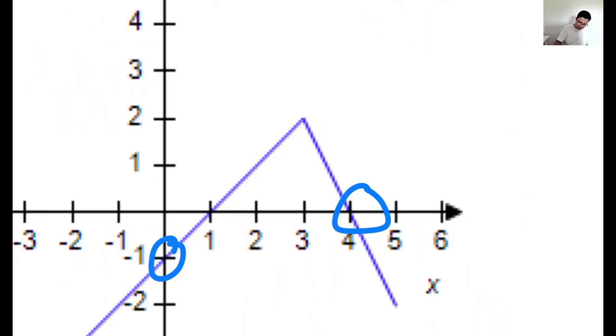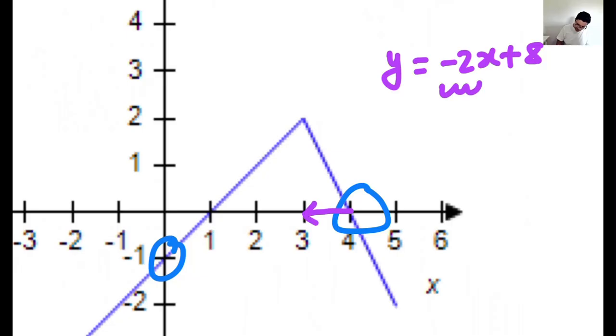Equation is negative 2x plus 8. The slope is negative 2. So when you go 1 unit left, you go up 2 units. From there also you can figure out the slope is negative 2, left and up, right?